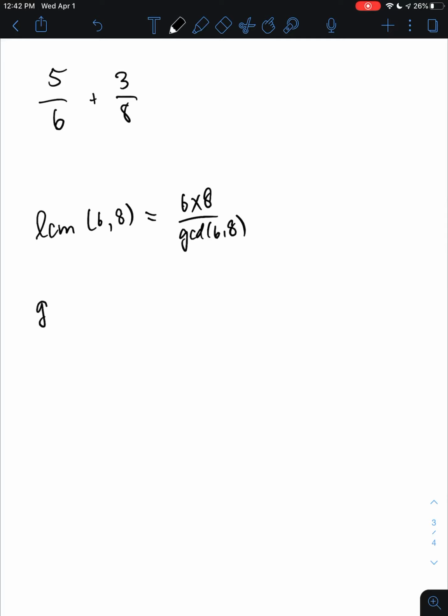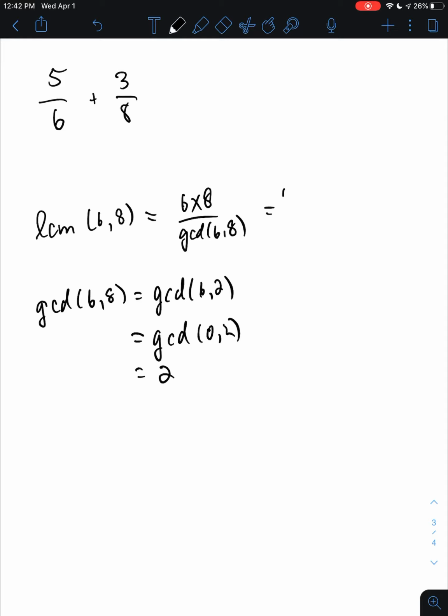Off to the side here, I'm going to have to figure out the GCD of 6 and 8. That is the GCD of 6 and 2. That is the GCD of 0 and 2 by division, and that is 2. So this is 6 times 8 over 2. That is 48 over 2. And that is 24 is the LCM.